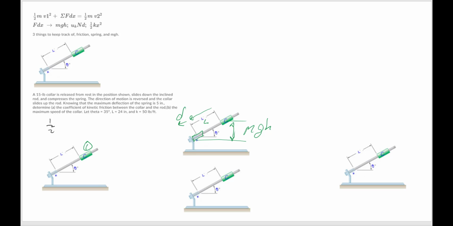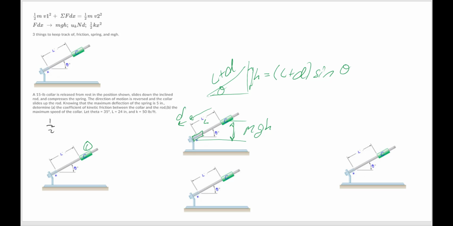So the H piece of that, if you have a triangle, right? If this is L plus D, then this height is going to be L plus D sine theta. It's going to be a combination of both of those distances for that height, for your MGH.